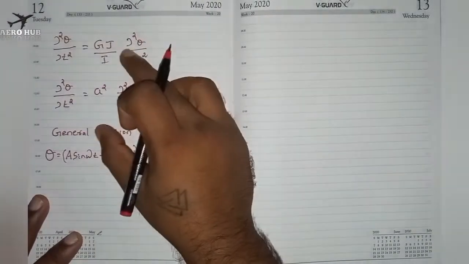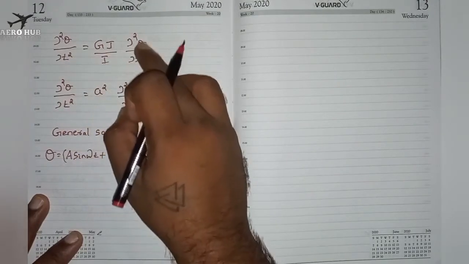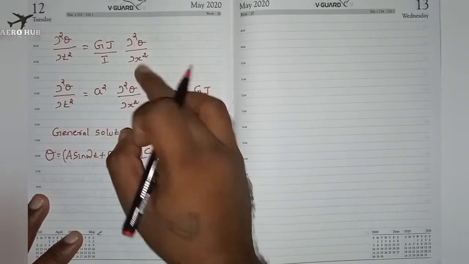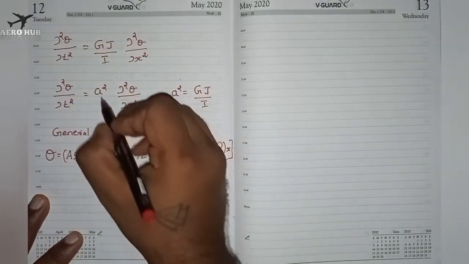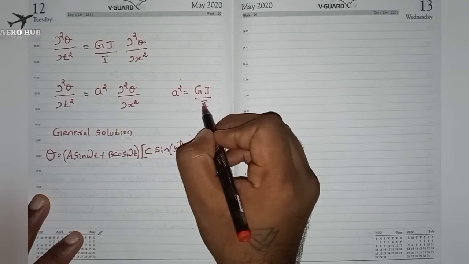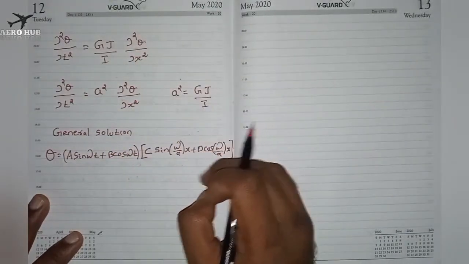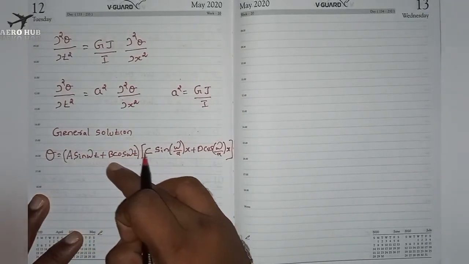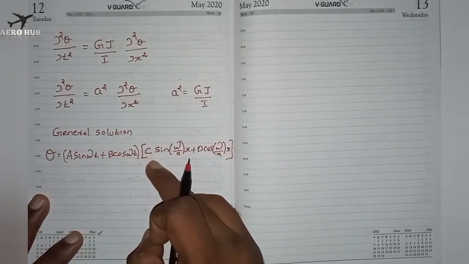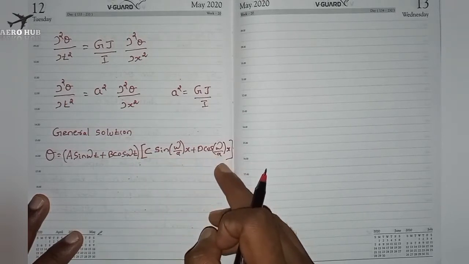now we have this governing equation, ∂²θ/∂t² = (GJ/I) ∂²θ/∂x². We discussed in the previous lecture, and I can write GJ/I as a², that is a² = GJ/I. Okay, this is the governing equation we discussed in the previous lecture, and this is the general solution. θ = (A sin ωt + B cos ωt)(C sin(ω/a)x + D cos(ω/a)x).